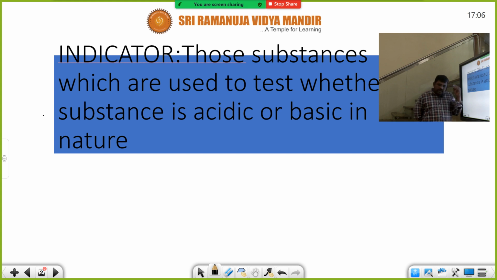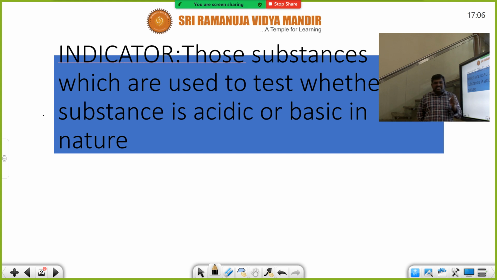One more type of indicators are methyl orange and phenolphthalein. They are synthetic indicators. They are prepared in the laboratory, so they are called synthetic indicators. Methyl orange is a light orange color. When 2 or 3 drops of methyl orange indicator are added to acid, it gives the red color.